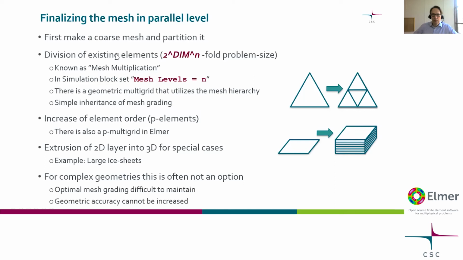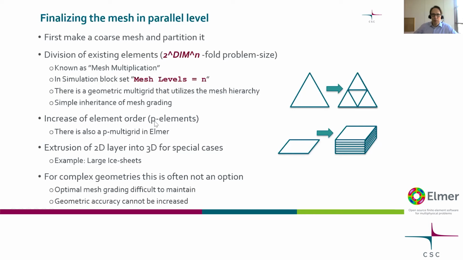So we have mesh multiplication, where you take a mesh, split each edge, and get, like in 2D, 4 times the number of elements, and 8 times the number of elements in 3D. And actually, the number of nodes grows roughly the same, but not, of course, exactly the same. And there is also a simple inheritance of mesh grading, so you can conserve the mesh grading a little bit.